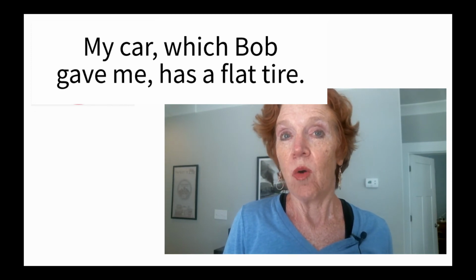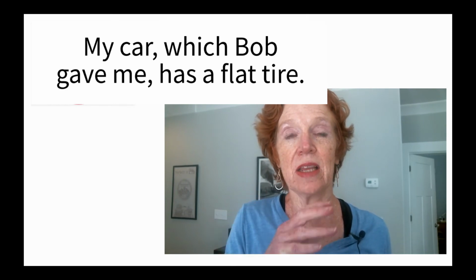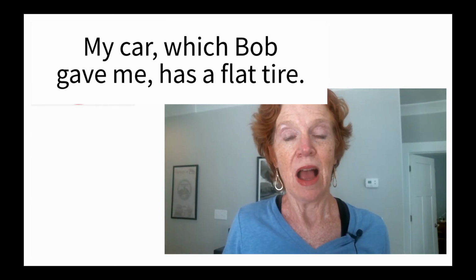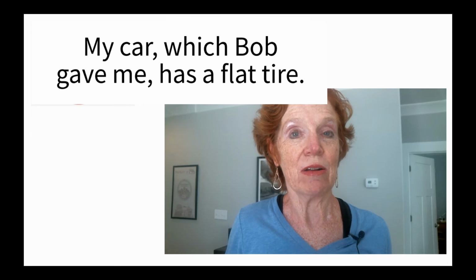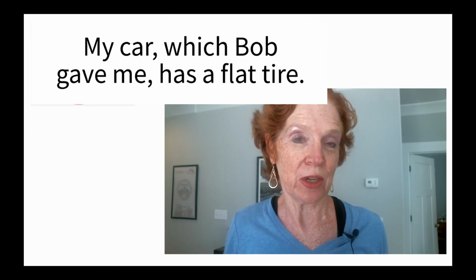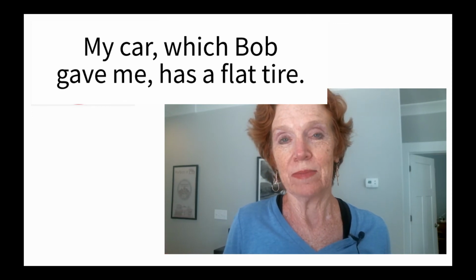Okay. The basic sentence is, my car has a flat tire. That's a normal sentence. I add the detail which Bob gave me, but it's extra information. When it's extra information, you use which.